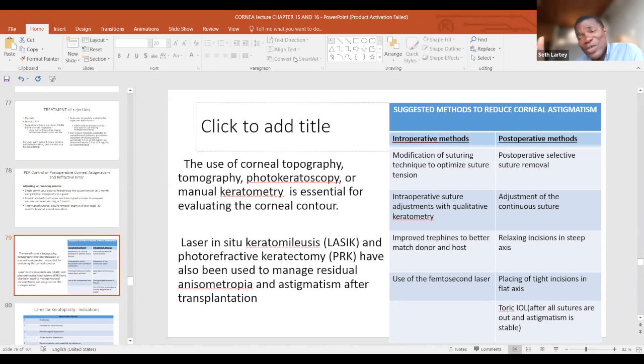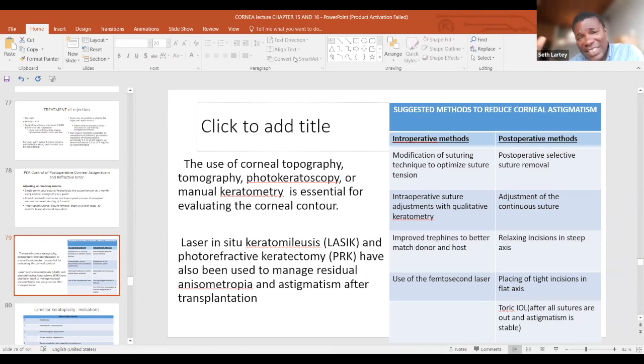Whatever you do, you have to use topography to guide you in your astigmatism management. So remember, this is going to take 6 months to a year, up to 2 years in some patients, before you get a final refractive state that is satisfactory. And so post-op selective removal of sutures, you need to decide which sutures to remove.